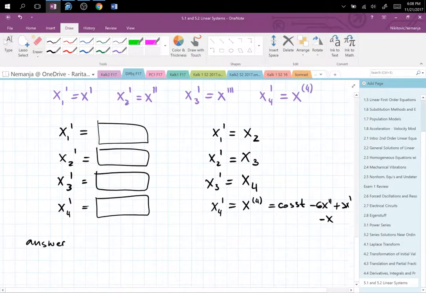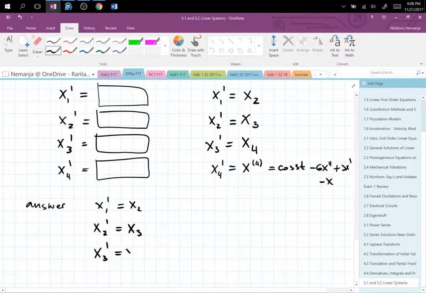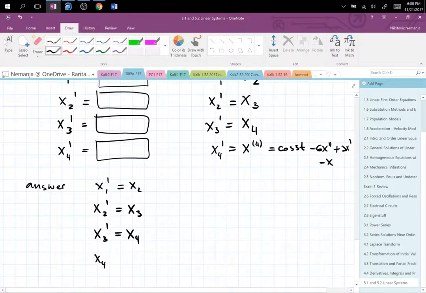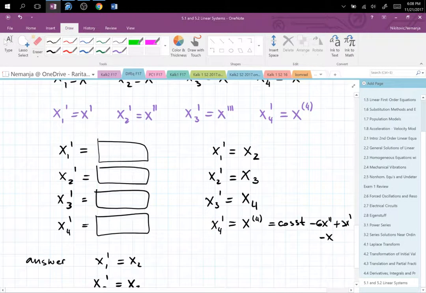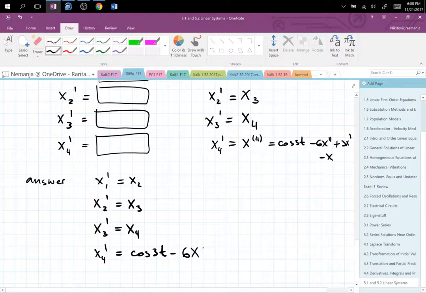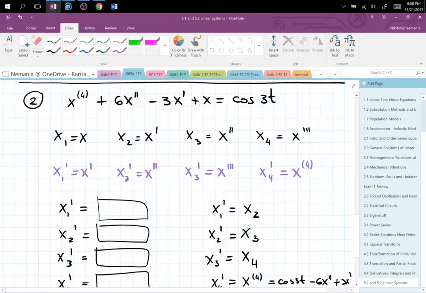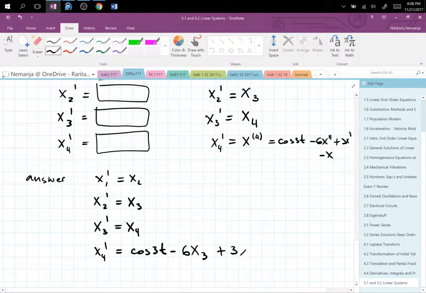So now I have x1 prime is equal to x2, x2 prime is equal to x3, x3 prime is equal to x4, and x4 prime is equal to cosine 3t minus 6 times x double prime, which is x3, plus 3x prime, which is x2, and then minus x1, which is the same as x.